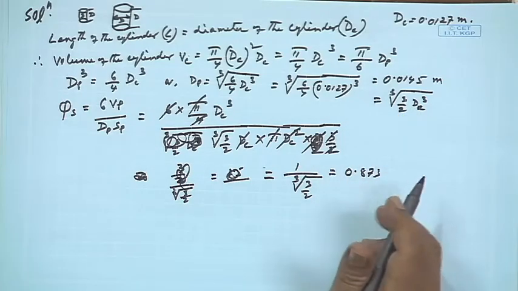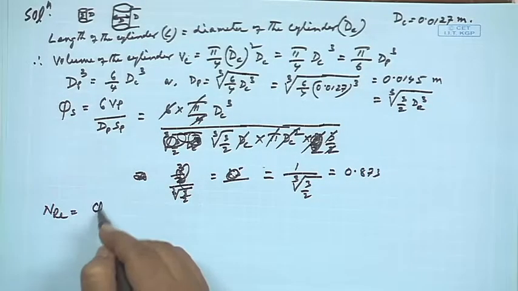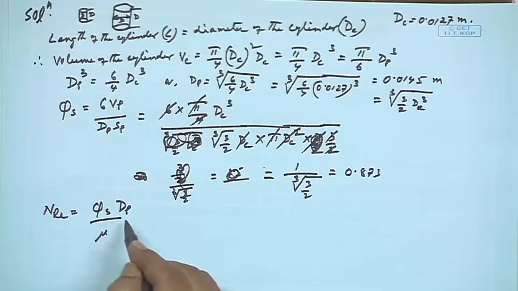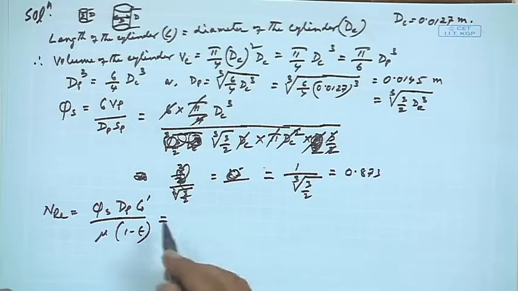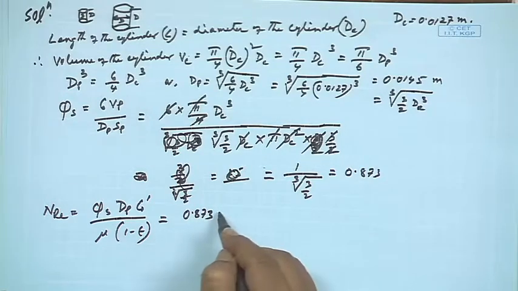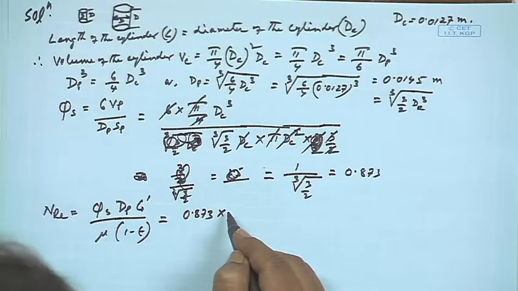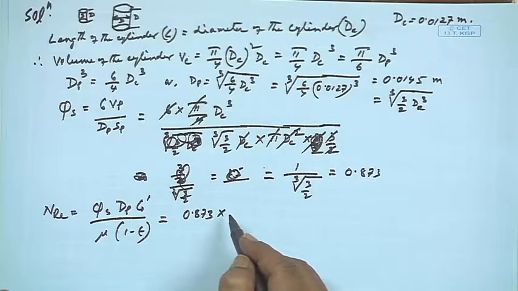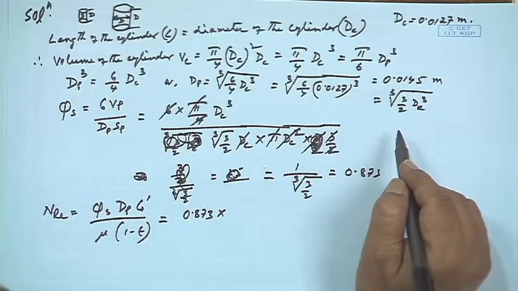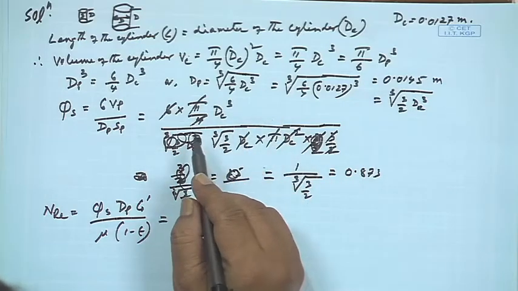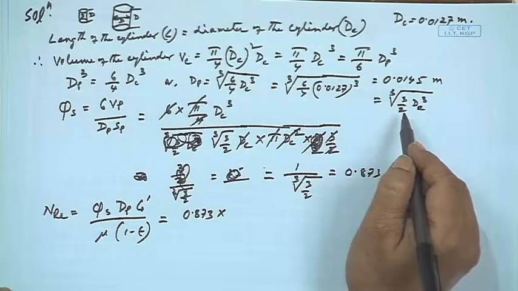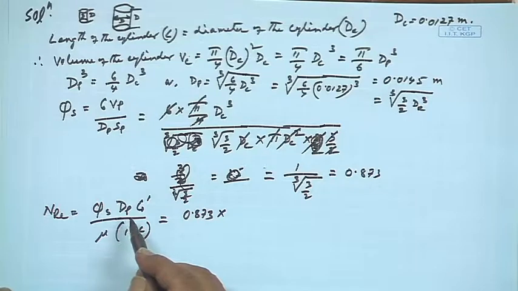Then if phi s is 0.873, we can write NRe, right. NRe is equal to phi s dp G prime by mu into 1 minus epsilon. So this becomes phi s is 0.873, and dp is not given, dp we have to find out.